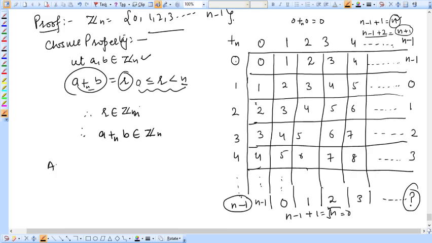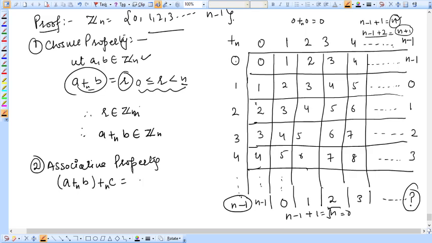Next, we are going to look at the associative property. In this we are going to prove that a addition modulo n b addition modulo c is equal to a addition modulo b addition modulo c, right?